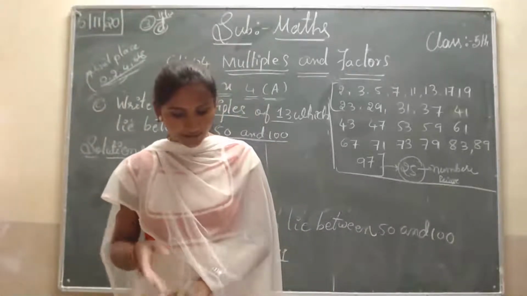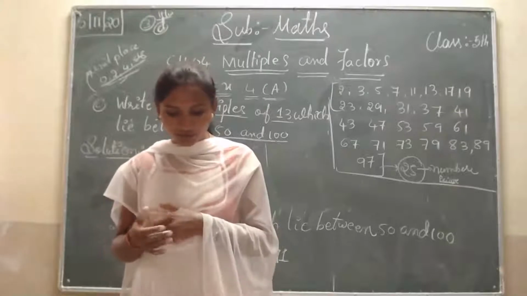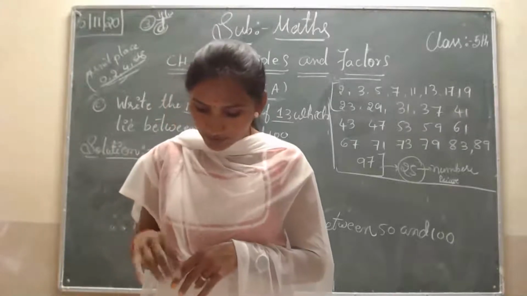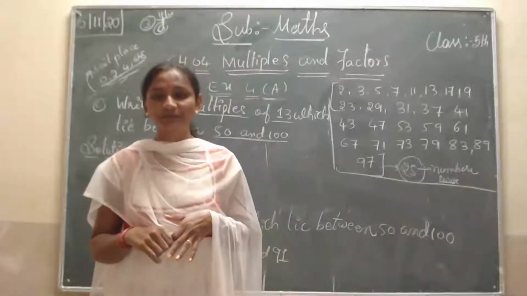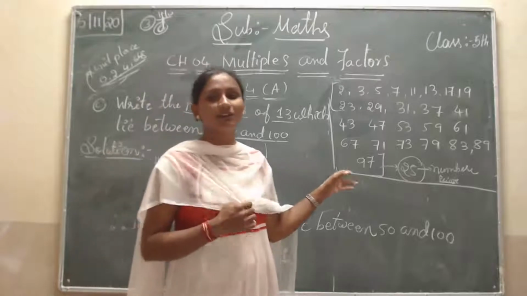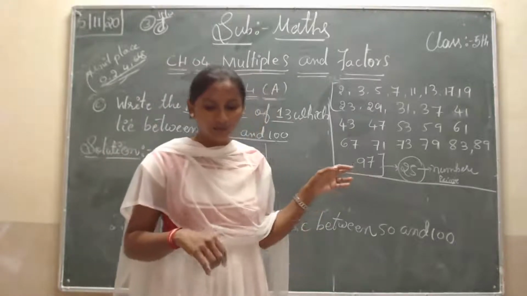I already gave D1 as homework. E1 question, students: write all prime numbers between 60 and 80. Very easy, because I have already written all the prime numbers here. So the question is very easy.